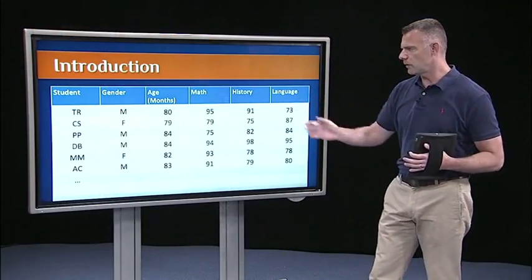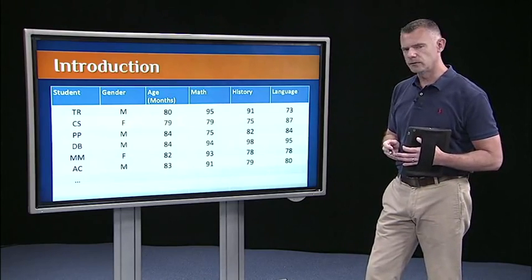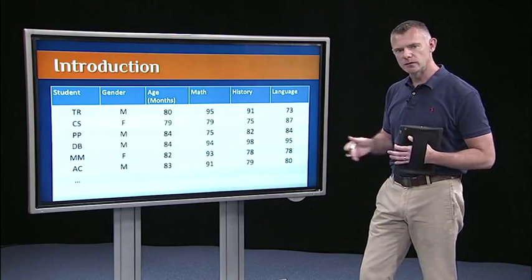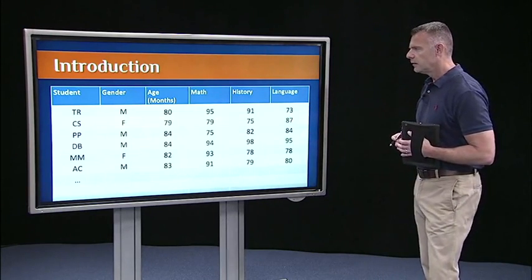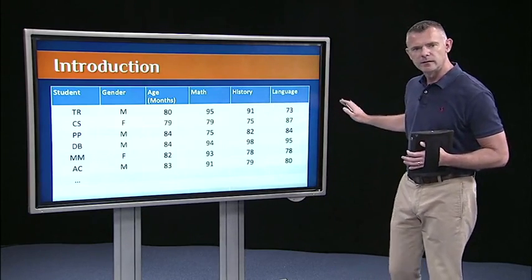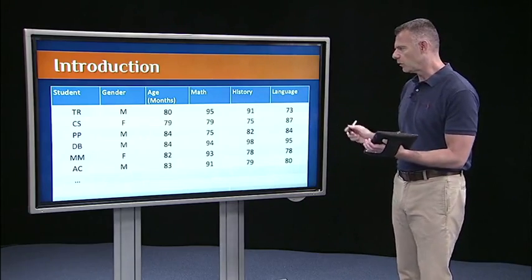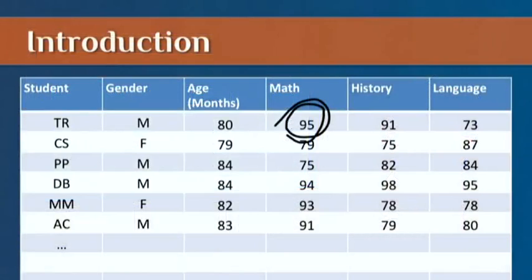So we have a student, their initials in the first column, then their gender. This first student, TR, is male. Their age in months. So these are, as I mentioned, elementary school children. And then their grades in certain classes. So what do I mean by data? Well, each one of these little points, like TR's really nice 95 in math, is a data point.